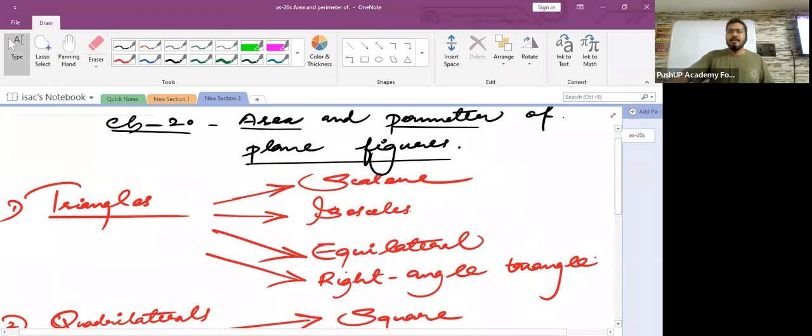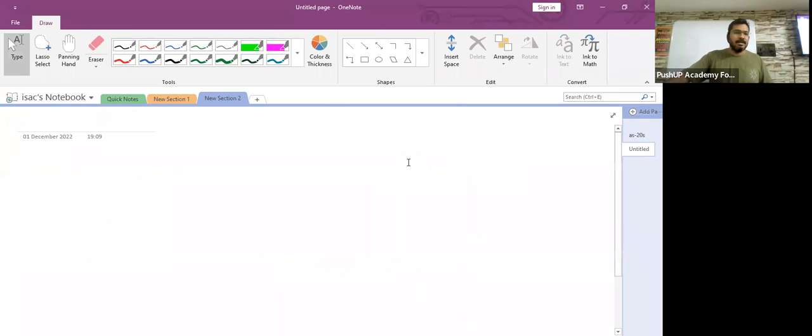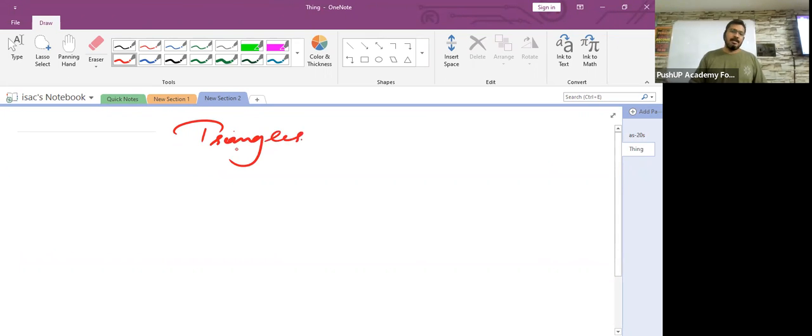So shall we start with triangles? Let's start with triangles. Avilash, what was the first triangle which I wrote in the previous page?